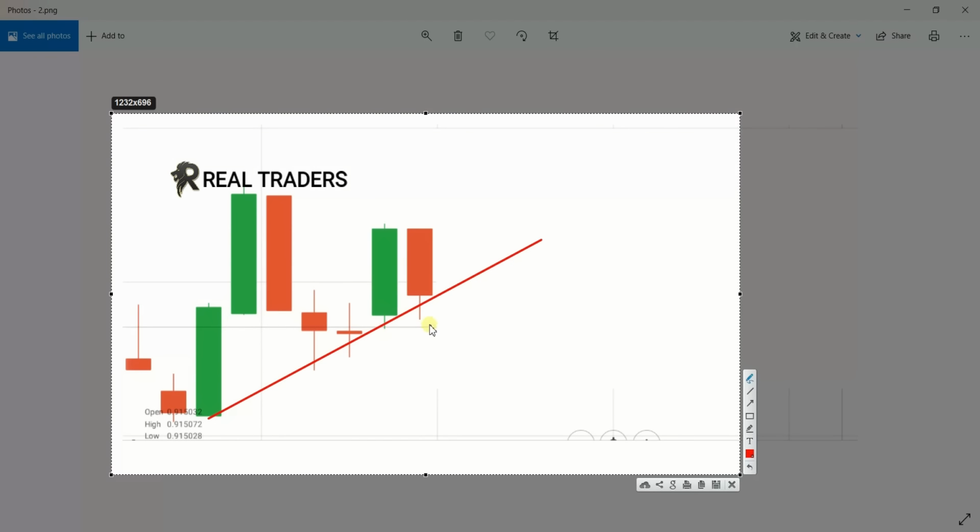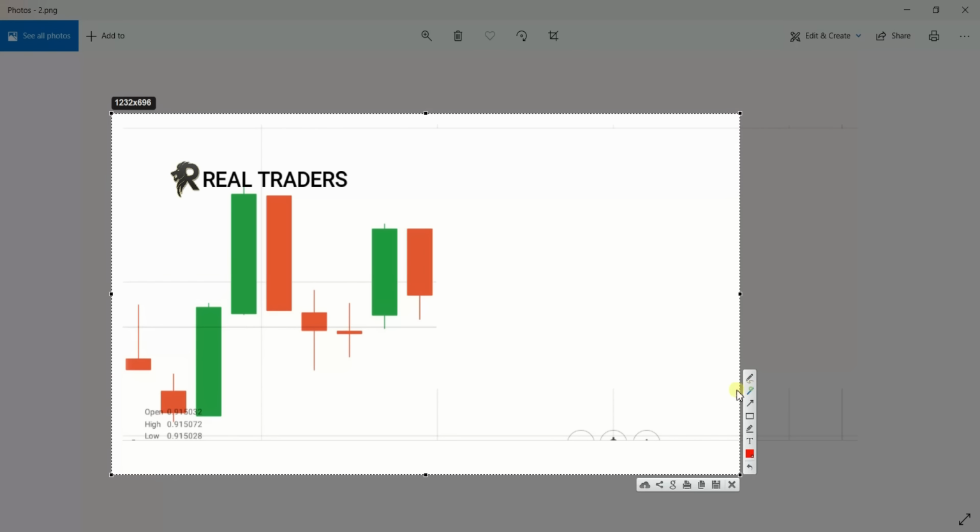Now what we are seeing, the market closed exactly at the level and there is a rejection. Here you can see a rejection shows us the buyer's interest here. So the market came to this level and buyers pushed the market to go up.